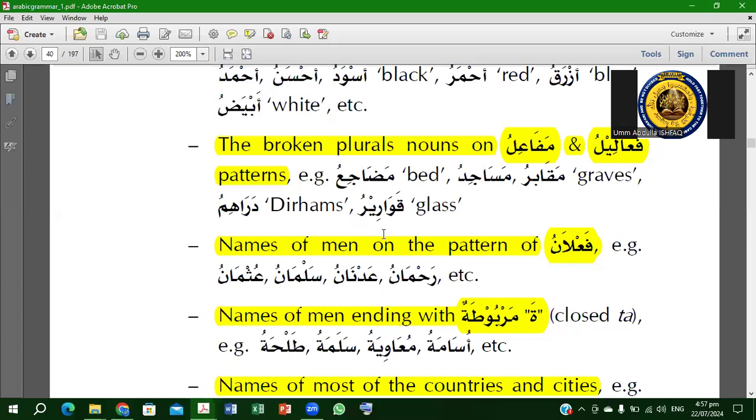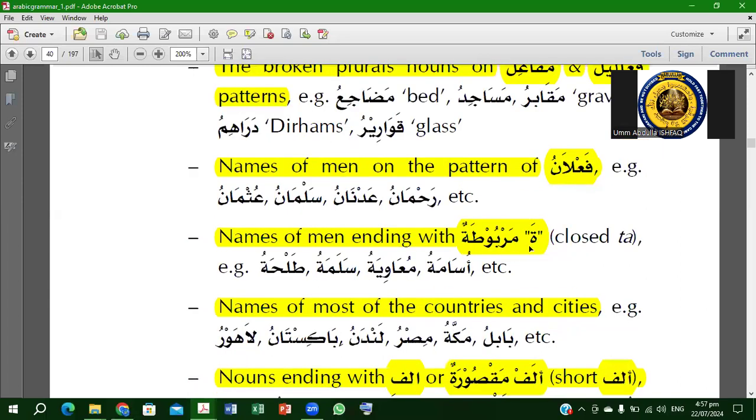Okay. Then names of men ending with ta marbuta, yani, Usama too. Now, if you look at this, ta is a sign of a female, right? But this is Usama, Muawiyah, Salama, Talha, Hamza, even. They are male nouns, male names, okay? So those male names which have a ta in the end are also partly flexible, okay?